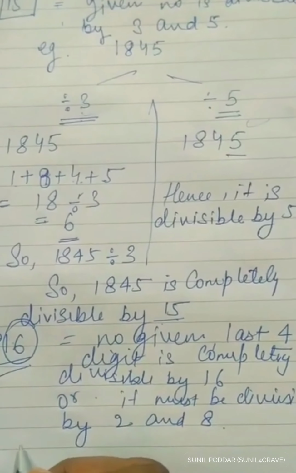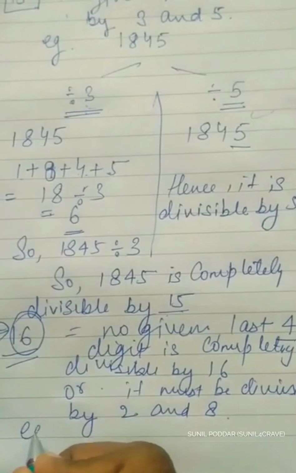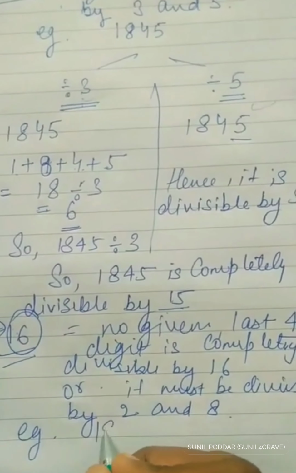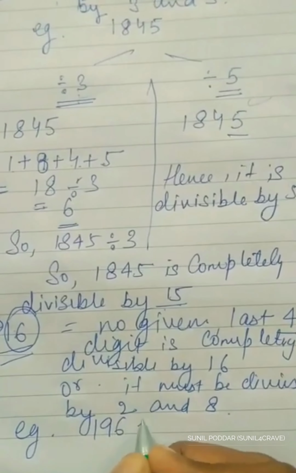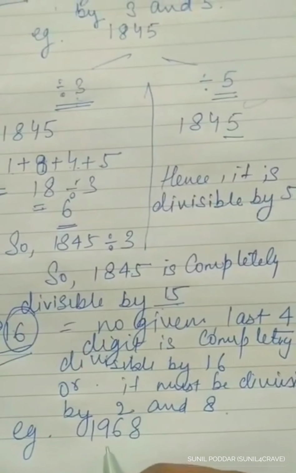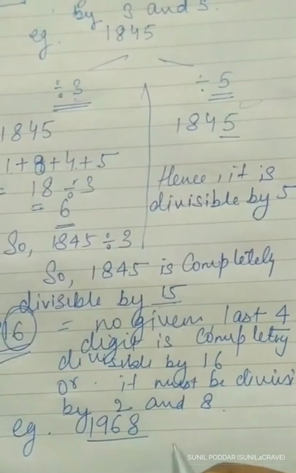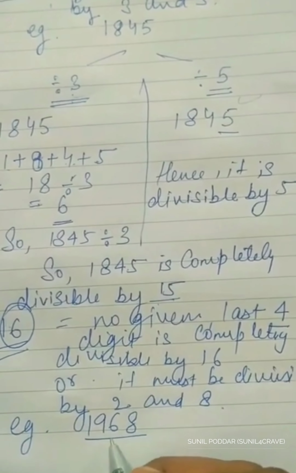So we'll go with an example, 9268. So it is almost the 4 digits.